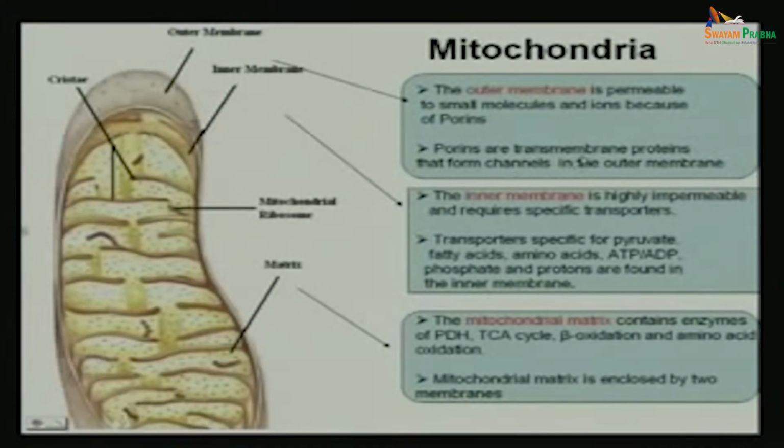Porins are transmembrane proteins that form the channel in the outer membrane of the mitochondria. The inner mitochondrial membrane is highly impermeable and requires specific transporters.